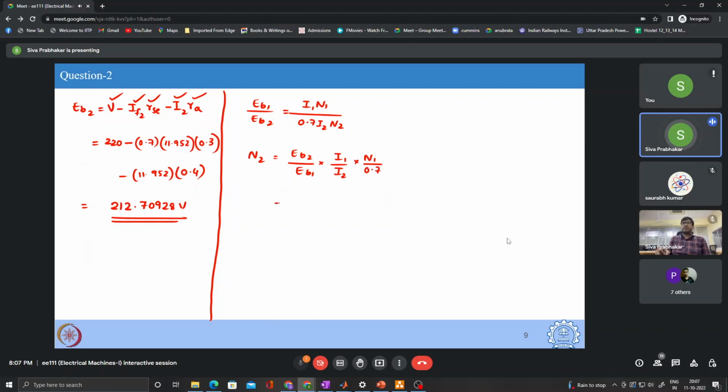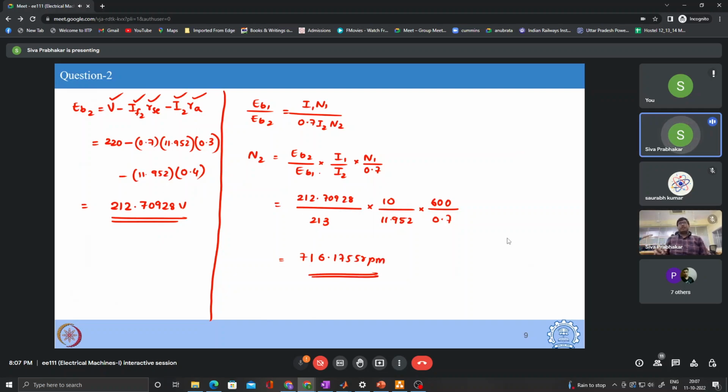So on substituting, EB2 is nothing but 212.70928 by EB1, which is 213, and I1 is 10, I2 is 11.952, and N1 is how much? N1 is 600, and 0.7. So on substituting, we get it should be 716.1755. Okay.